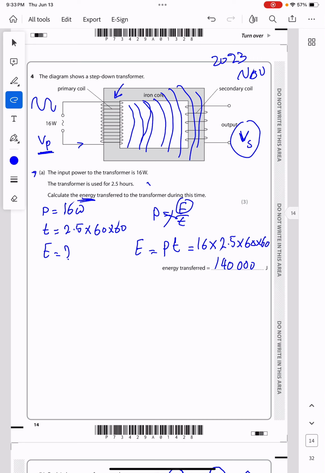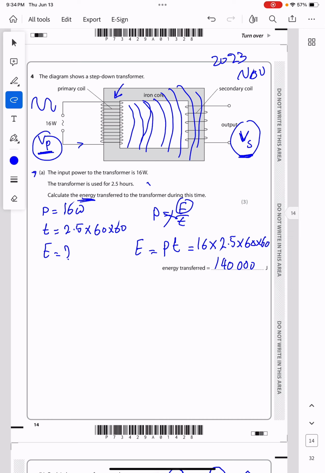This can be picked from the output here. So input is the primary voltage, and the output is the secondary voltage. You have to know that both of them are alternating, they're changing. The magnitude of the secondary voltage depends on what?